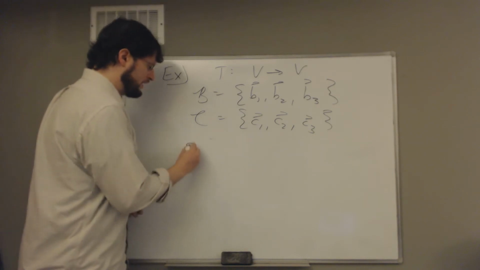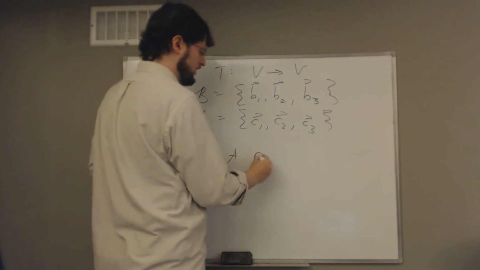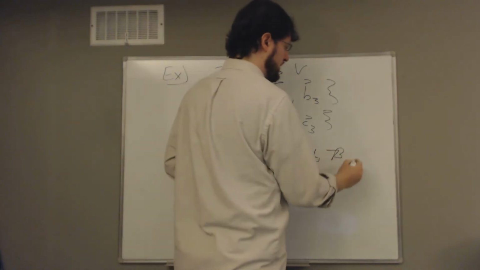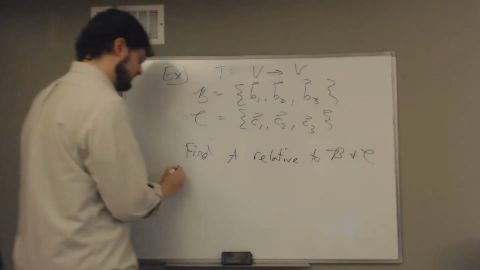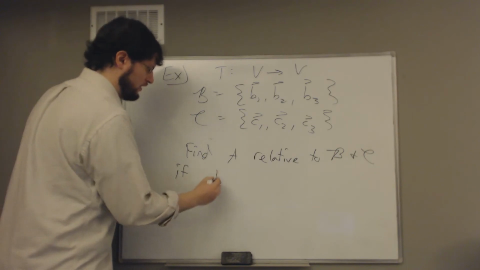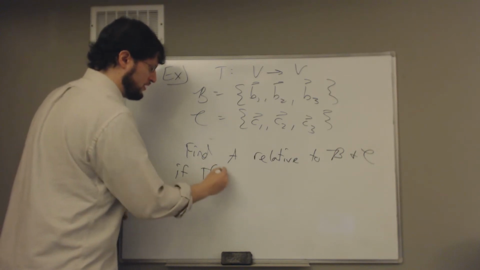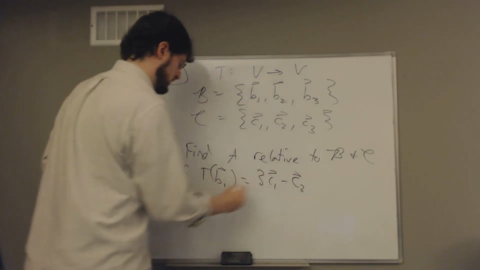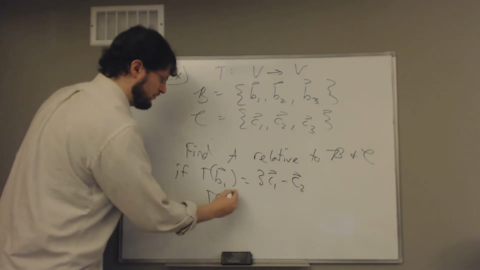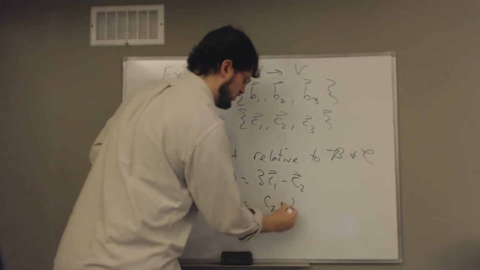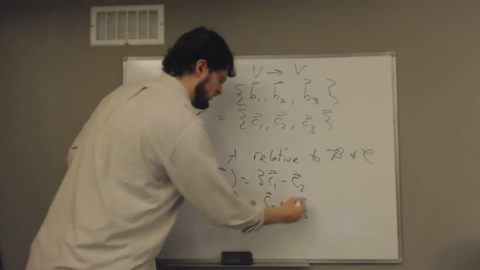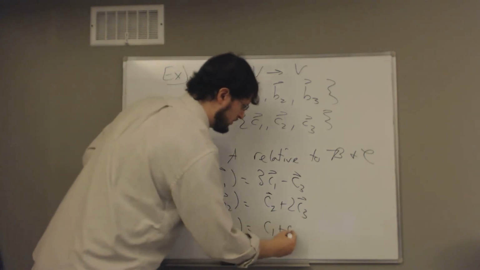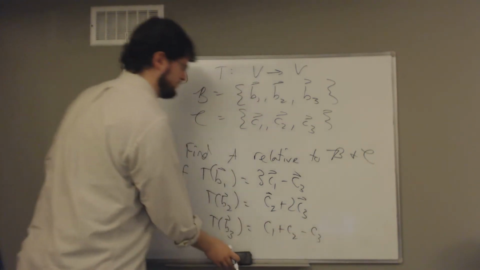So let's find the matrix A relative to the bases B and C if T of B1 is 3C1 minus C3, T of B2 is C2 plus 2C3, and T of B3 is C1 plus C2 minus C3.